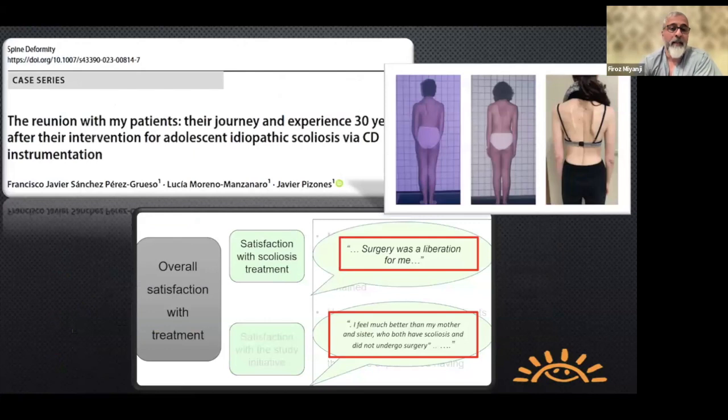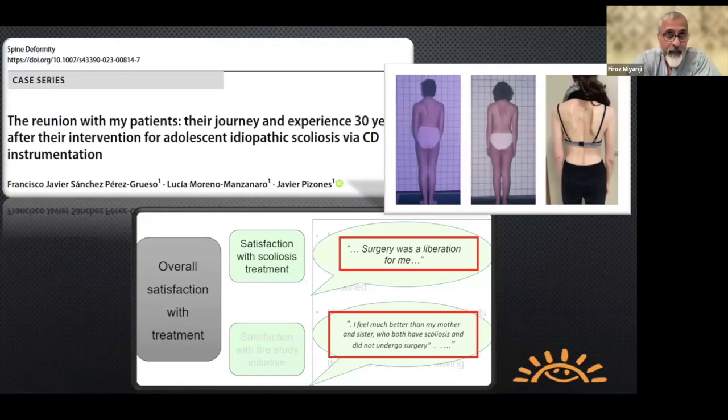it still sheds light that these patients who had surgery even so long ago were still happy with their result. This was another excellent study done by our Spanish colleagues, and this was more of a qualitative study. They had pretty old instrumentation, a CD Horizon, sort of in the 80s, and 30 years later, how did they fare? They actually interviewed some of these patients and shared their thoughts and published this paper. Some of the patients were quoted as saying surgery was a liberation.